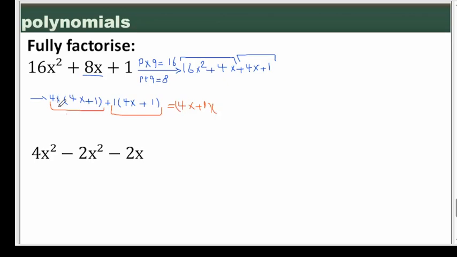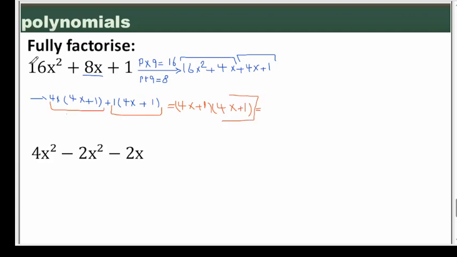Now what's left for the first term? 4x plus 1. Okay, so I have two identical terms.